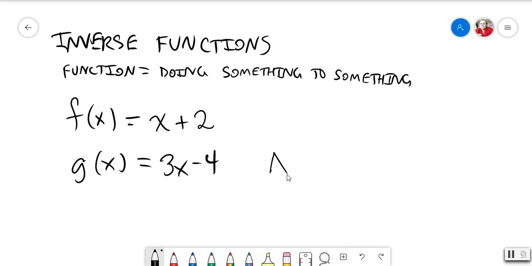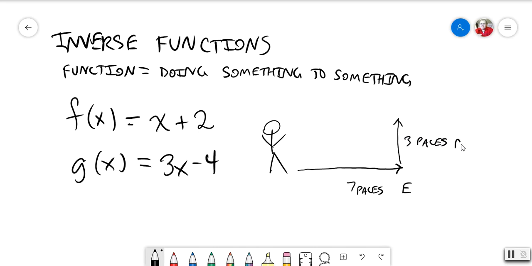A common sense example, with my great artistic talent. If I decided to walk 7 paces to the east, and then I walked 3 paces north, then I decide I want to return to where I started from. Maybe there's something blocking me, so I can't go by the hypotenuse of this right triangle.